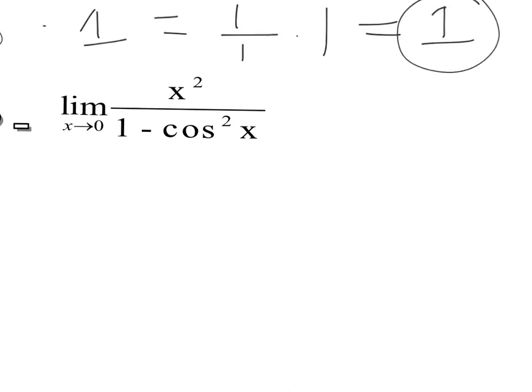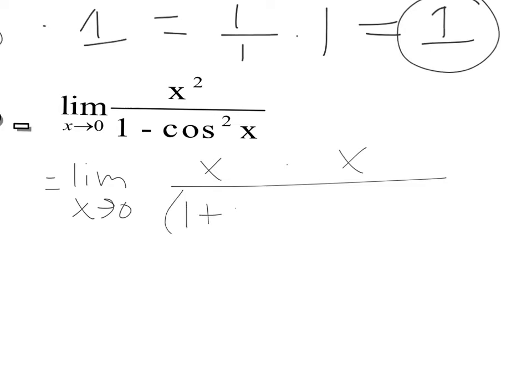See, I could write this as the limit as x approaches 0. And x squared is really like saying x times x over, and because this is a 1 minus, this is actually the conjugate rule. We could write this as 1 plus cosine x times 1 minus cosine x.